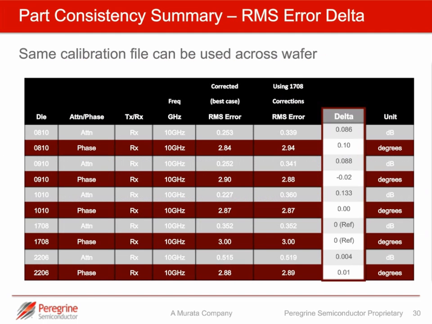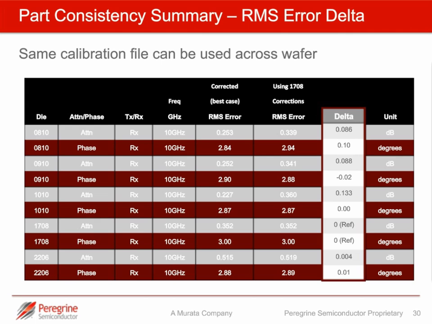Now if we transition this into errors, we go to this slide. Here we're reporting RMS errors for all of the devices. On the left-hand column we can see the device number, so 0810. The next column shows whether it is attenuation or phase error we're reporting. As we move across, there's a column that says corrected RMS error, so this is the ideal RMS error.